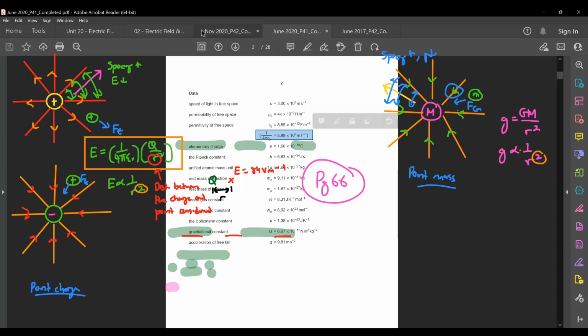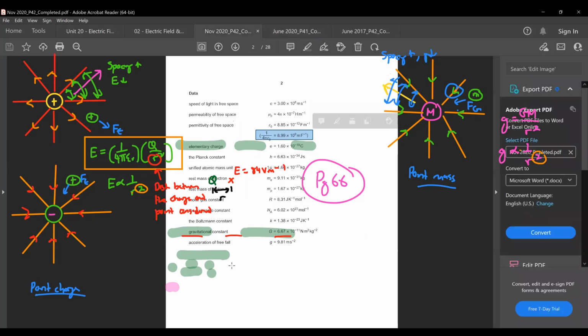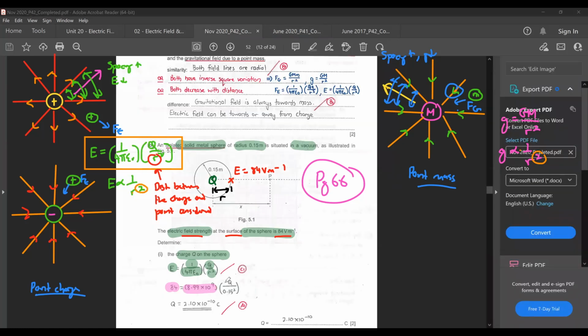So you get 8.99 times 10 to the power 9 Q over R squared. Your R is 0.15 meter. Don't forget to square it. You will now get Q equals 2.1 times 10 to the power minus 10 coulomb. All right, so this is pretty straightforward.